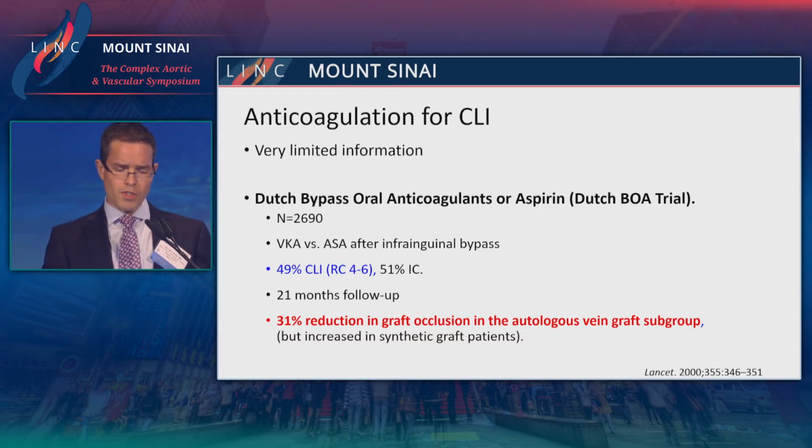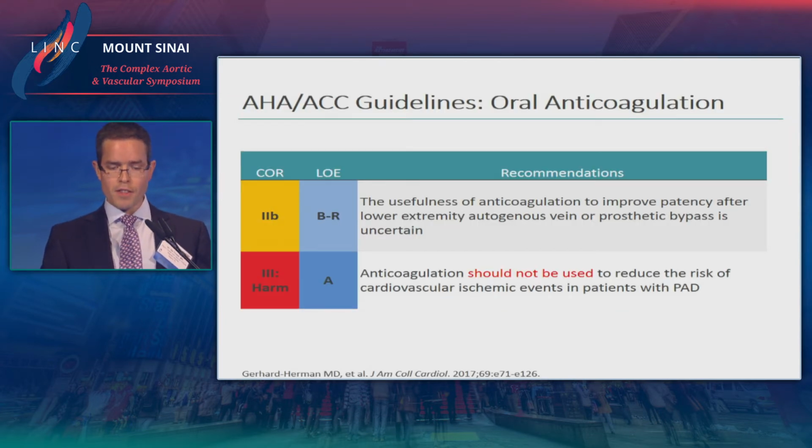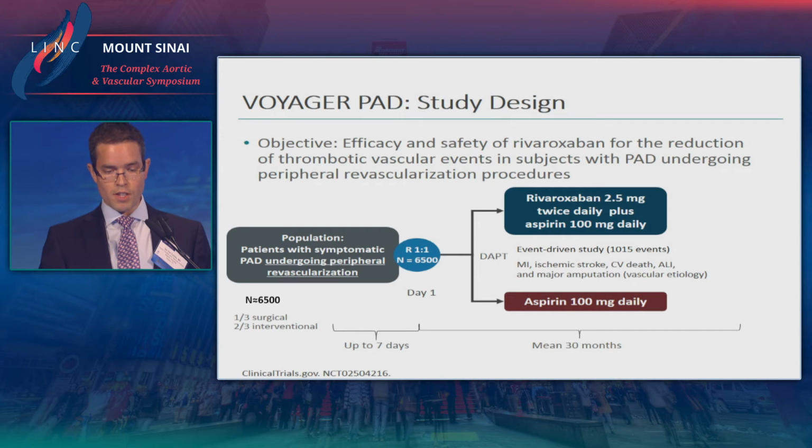And the only thing that was seen is about a 31% reduction in the risk of graft occlusions, especially when autologous vein was used. Based on these data, the current recommendations are that number one, anticoagulation should not be used with a goal of reducing cardiovascular event rates. However, in selected patients, anticoagulation may be used if there is concern about graft occlusion to maintain patency.